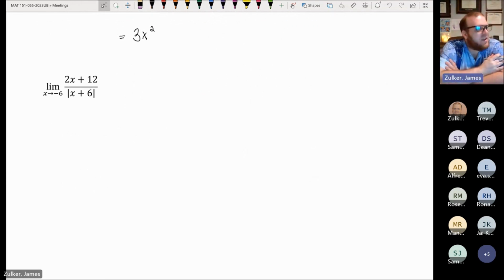All right, limit as x approaches -6 of 2x plus 12 over the absolute value of x plus 6. Plug in -6.